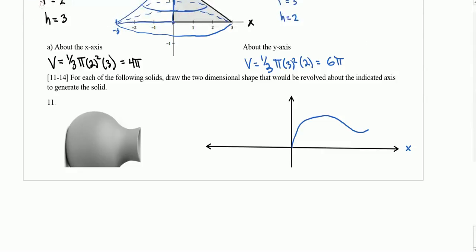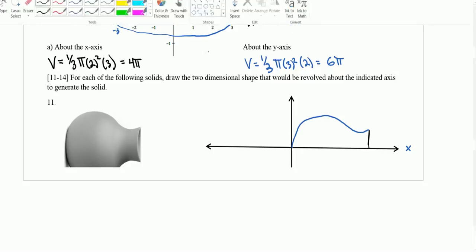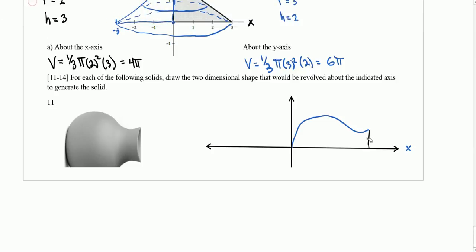Notice that I don't want to close the top, because it's an open bowl. We want that container to be open. So I'm going to leave that top open so that we have an entrance into the container after this thing's spinning around.